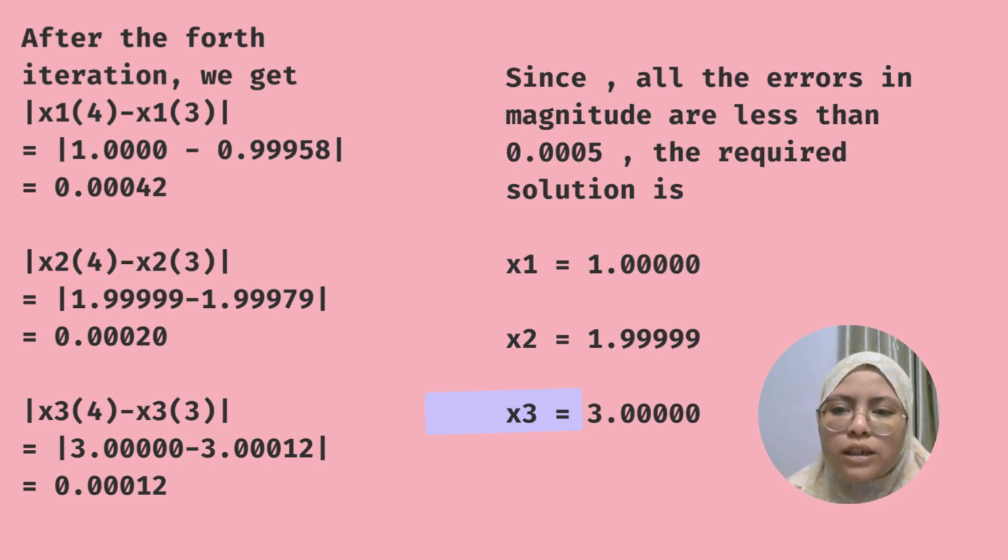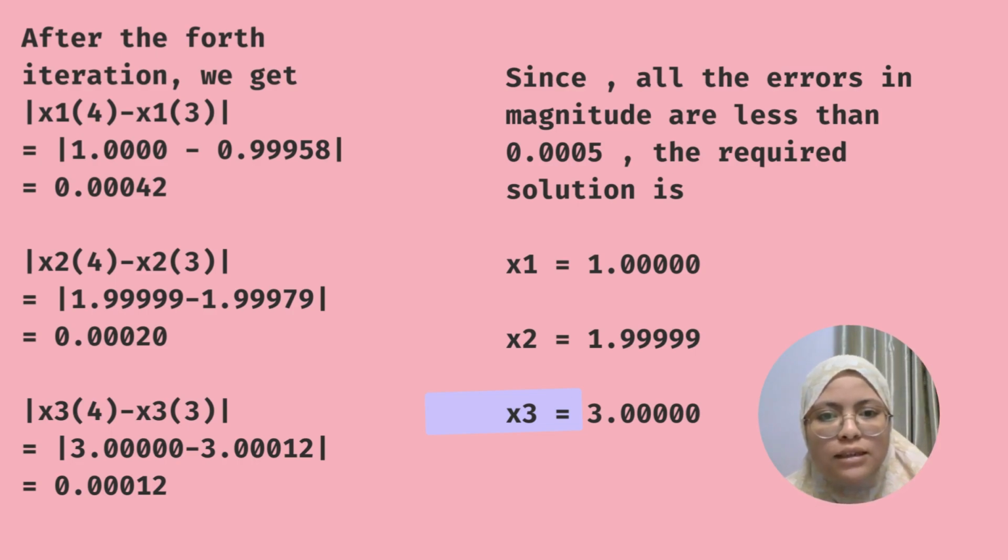Likewise for x2 between iteration 4 and 3, we will get 0.00020, and for x3 the error between iteration 4 and 3 we will get 0.00012. Since all the errors in magnitude are less than 0.0005, the required solution is x1 is 1.000, x2 is 1.999, and x3 is 3.00.